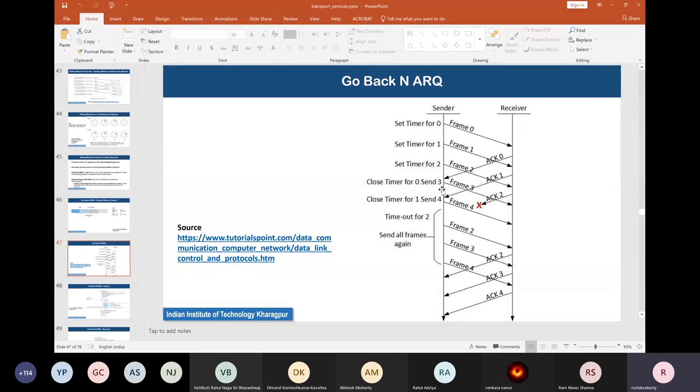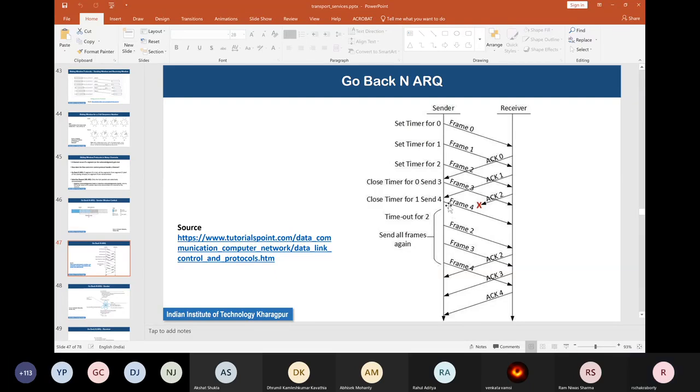It receives the acknowledgement 0, closes the timer for frame 0, moves the sending window 1 position to the right and sends frame 3. After sending frame 3, it receives the acknowledgement for frame 1. It says my business with frame 1 is over, closes the timer for frame 1 and sends frame number 4.